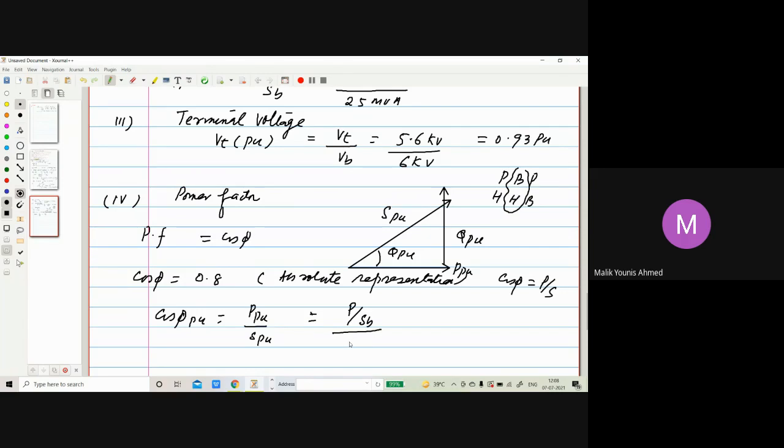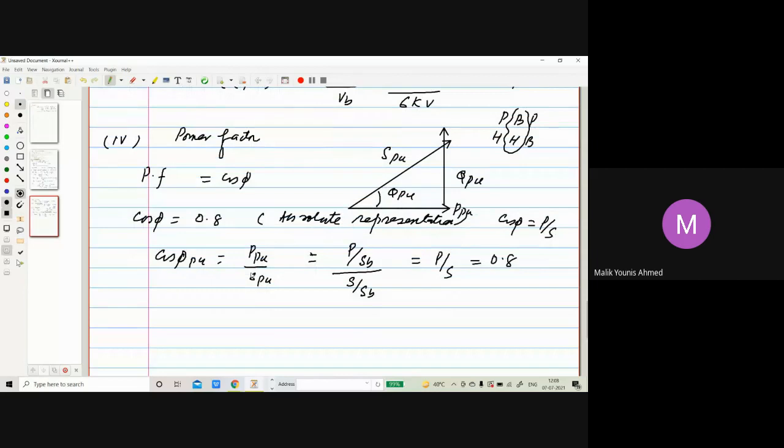And what is SPU? That is complex power in per unit: actual value divided by the base value, which remains the complex power value. So we can get simply that this is equal to P by S. The value in per unit as well as in absolute representation will remain the same. Cos phi in per unit and cos phi in absolute representation will have the same values.